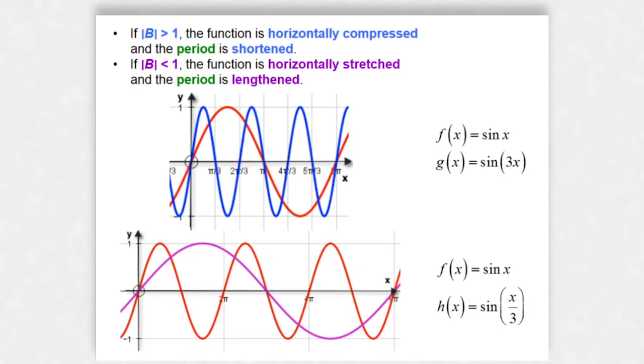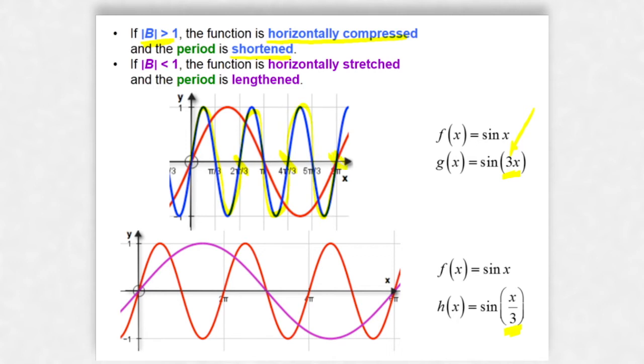We look at this 3 and this 1/3. If b is greater than 1, then the function is horizontally compressed and the period is shortened, in this case by a factor of 3. And if you trace, you'll see 1, pause, 2, pause, 3 periods of sine right there.